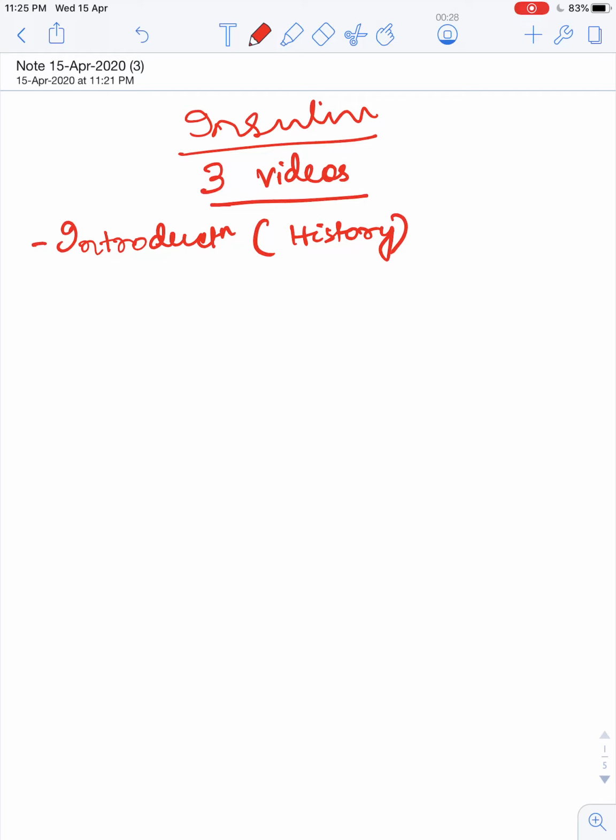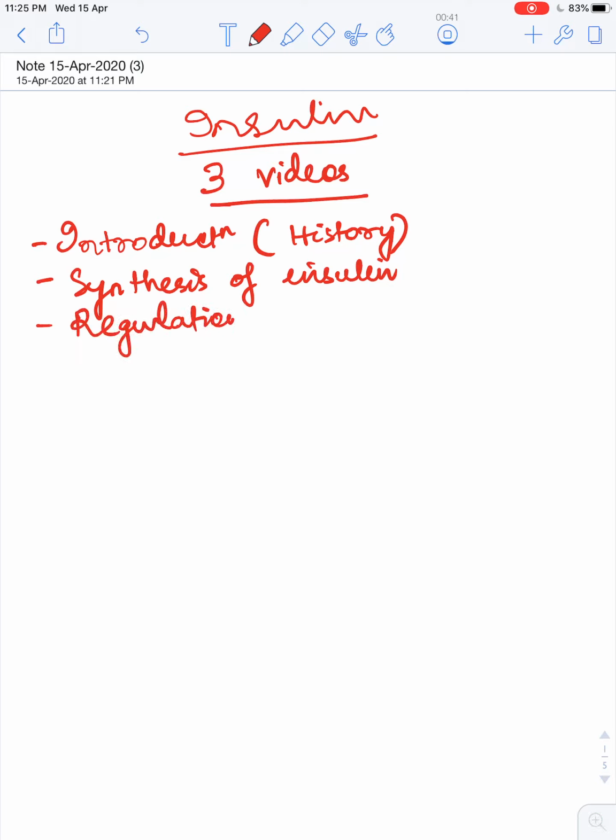Then we will go to the synthesis of insulin, then regulation of insulin secretion, and finally we will discuss the mechanism of action of insulin.